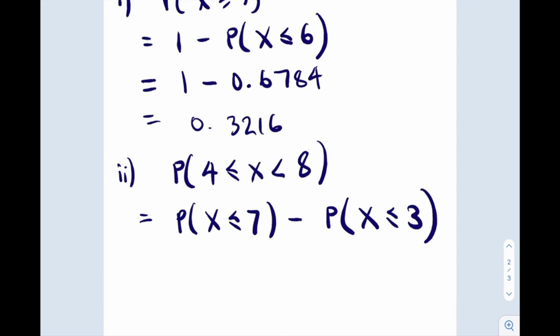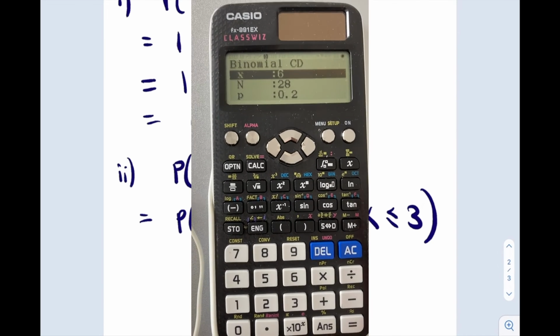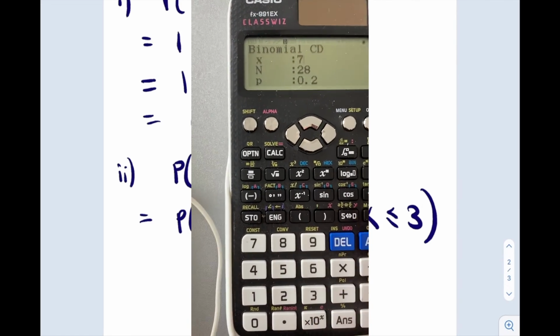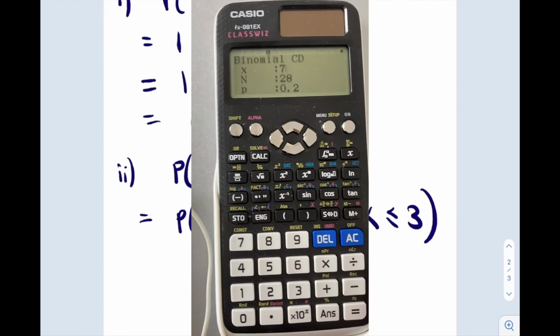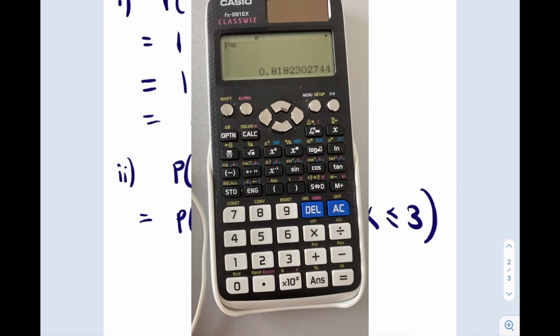Okay, so back over to the calculator. So here I am, again on the calculator, binomial cumulative distributions. My variable needs to have the value 7 first. Number of trials is still the same, and the probability of success is still the same.